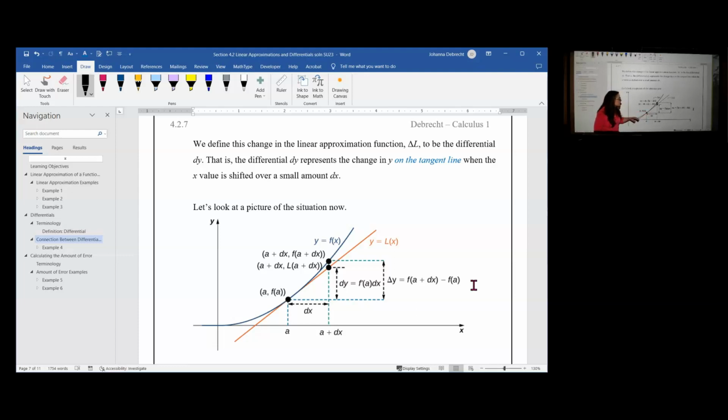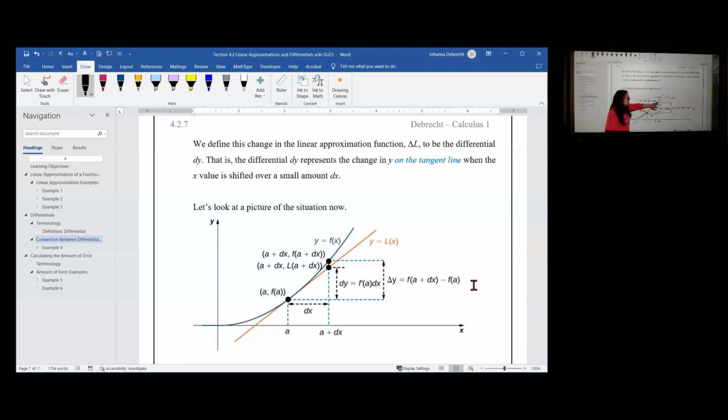Now what we want to do is look at these 2 points here. The lower one is on the tangent line, and the value here has to be a plus dx, the small change in x, and the y value is the linear approximation at a plus dx. This dx corresponds to the distance between a, f of a, and that point.